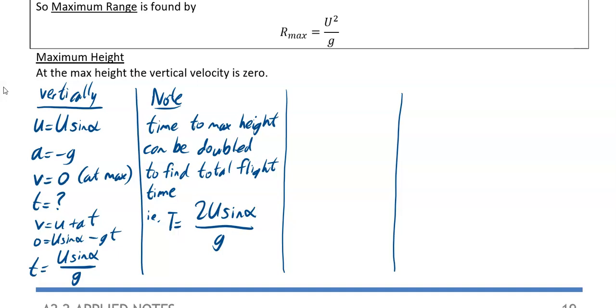Okay, so why that's important is if the question had been labelled part 1 Roman numeral 1 and part 1 was to find the maximum height above the plane, and then part 2 had been to find the total flight time, all you need to do for part 2 is multiply your part 1 by 2 instead of having to do all the stuff that we did in the earlier part of this video.